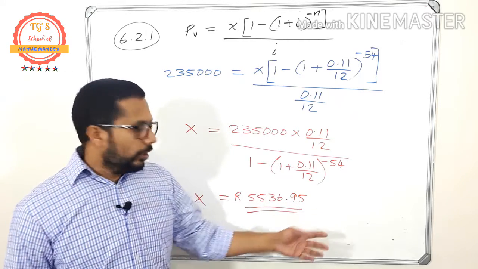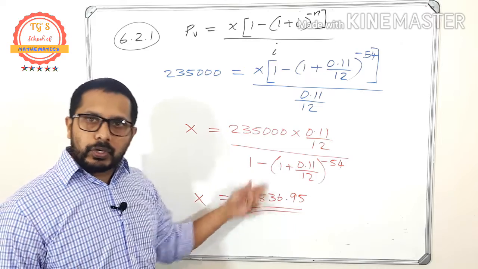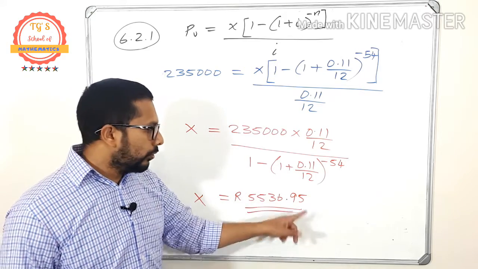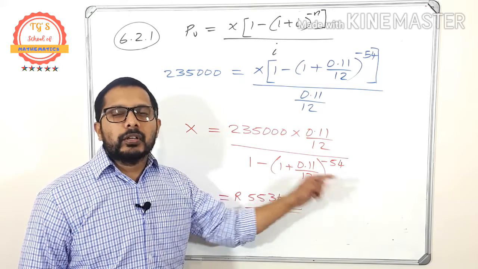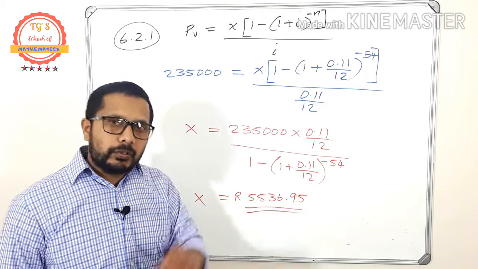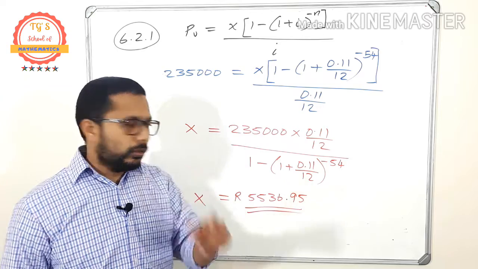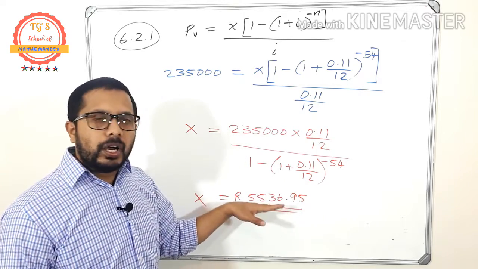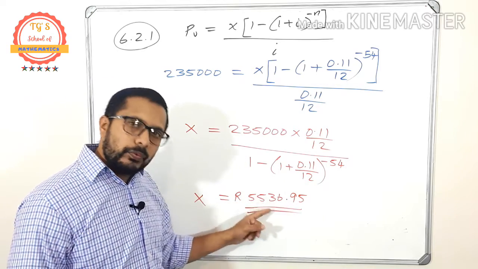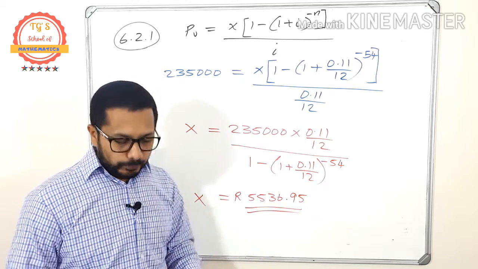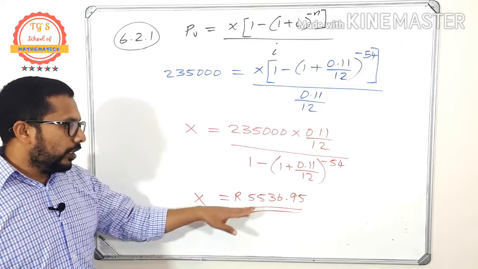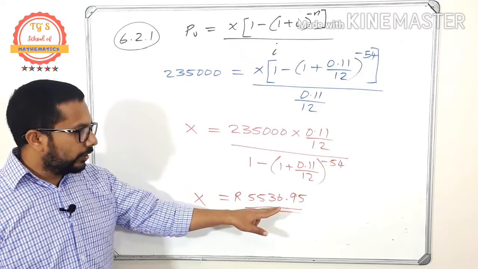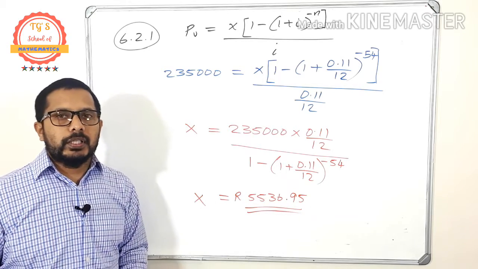So if you want to use this answer for the next question, you have to write the full decimal numbers, because otherwise the final answer there will be slight variation. So don't round off here if you are using this answer for the next question. Okay. So here what is the question? What is the answer? The monthly installment is 5,536 rand 95 cents.